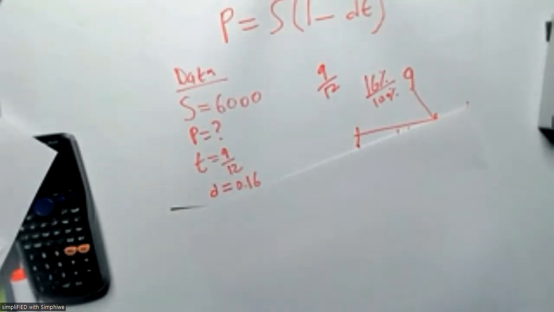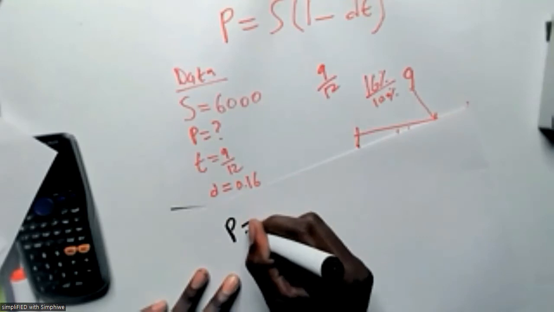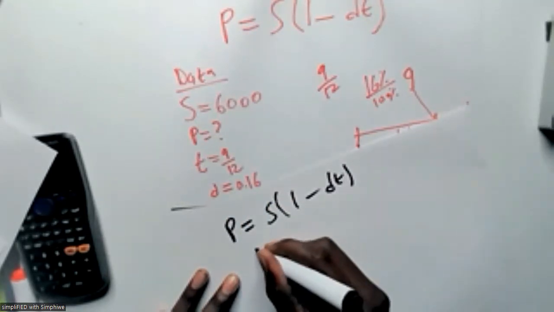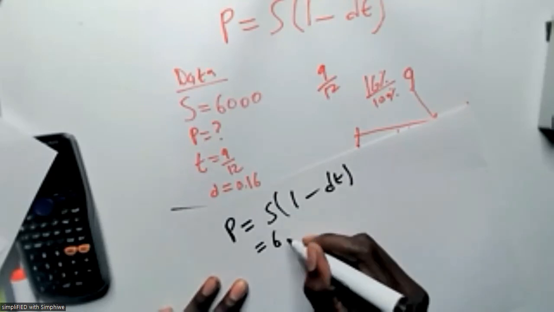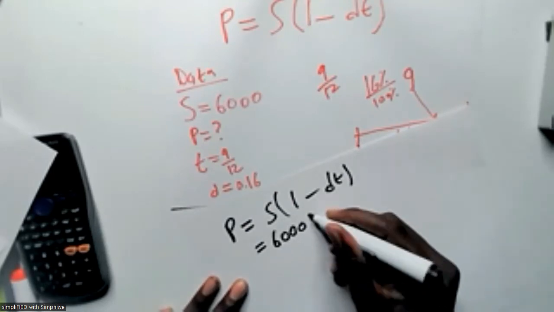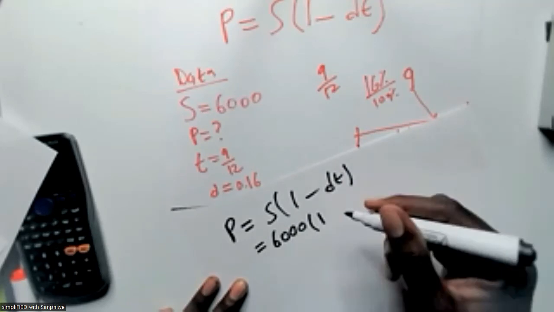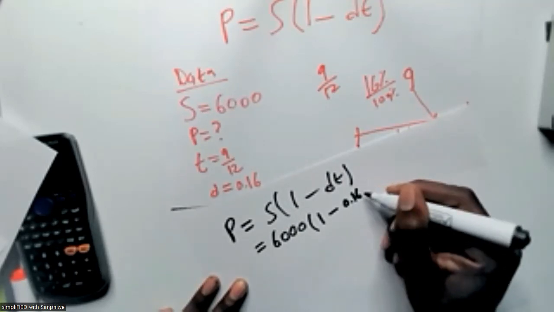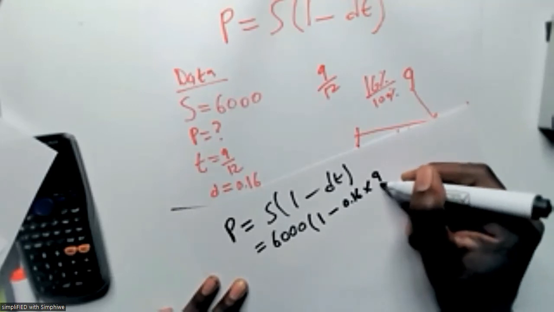I'm just going to say P is equal to S(1 minus dt), the value of S is 0.16 times 9 over 12.